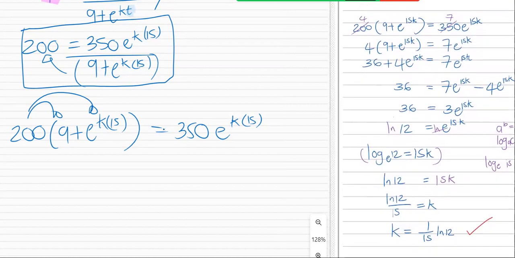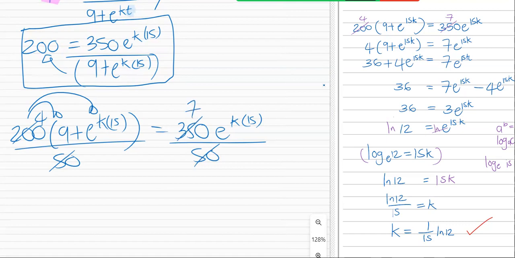Okay, so what I did is I canceled out, and I noticed that if you divide through by 50, because 50 times 4, so I divided this and this by 50. Okay, so that leaves you with 4 on that side, and it leaves you with 7 on that side, just to explain that step.